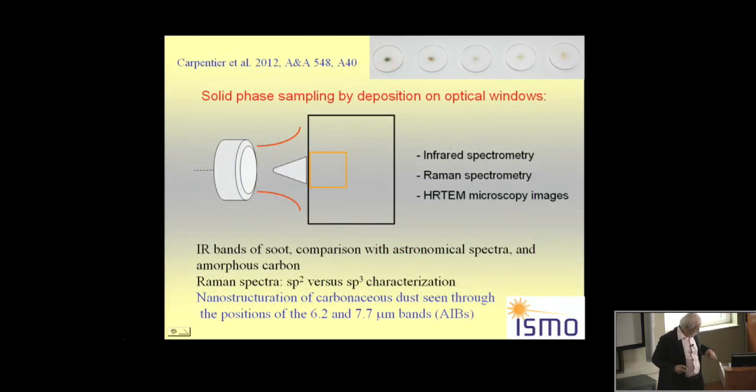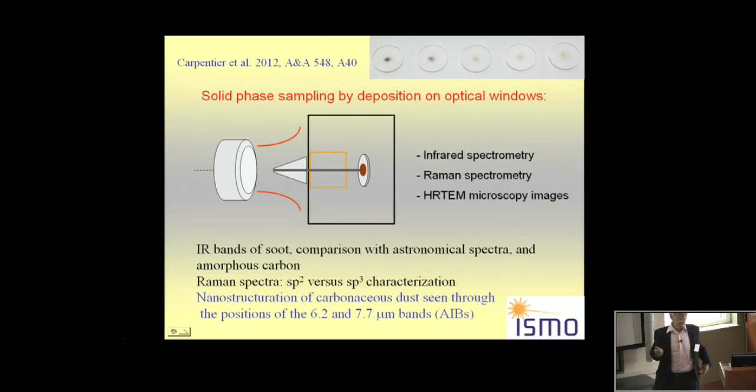Okay, but soot, let's look at the soot. So take an optical window, insert it into the chamber, and in a longer or shorter time, you have a deposit like those.